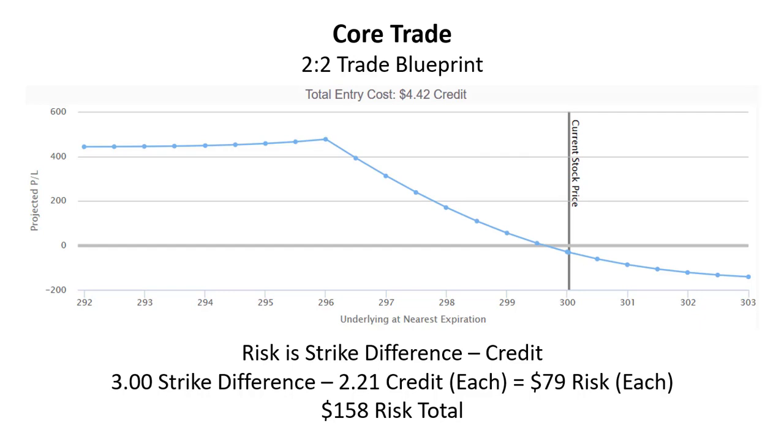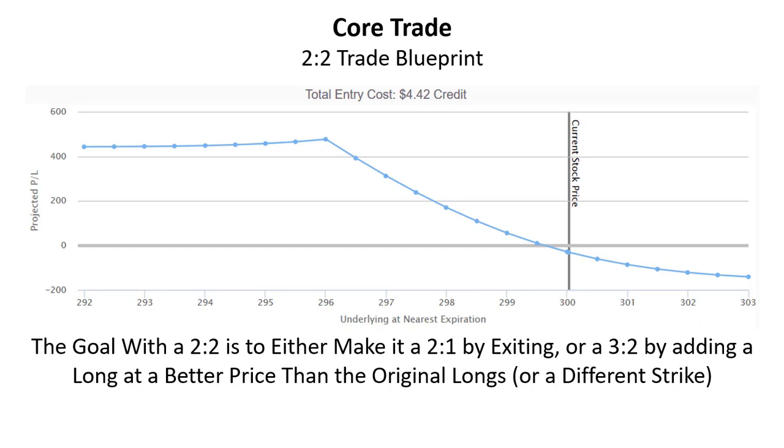One of the reasons, again, that I only look at this generally after the market has made a big move up is because it does carry a bigger risk. Okay, so the goal, again, with the 2-2 is either to make it a 2-1 by exiting one of the shorts, or by making it a 3-2 by adding a long at a better price than the original long, or at different strikes.